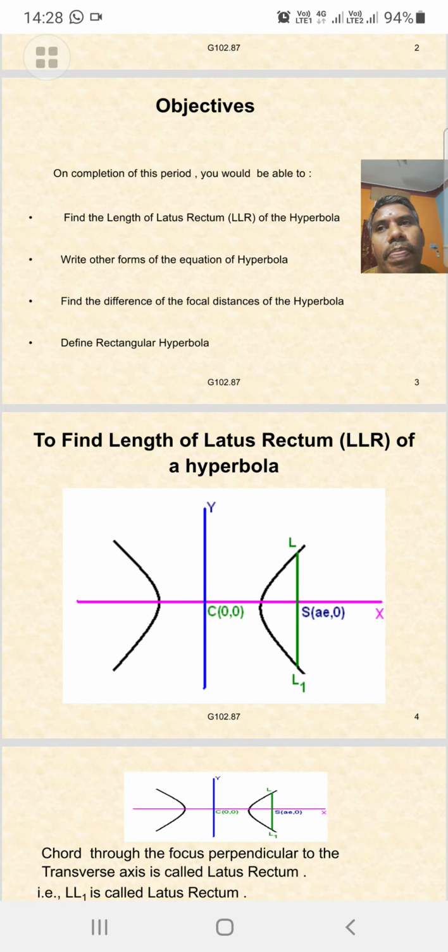If only hyperbola is mentioned, then we have to find the eccentricity from the given data or conditions. But whenever he says rectangular hyperbola, that means the eccentricity is given: root 2.